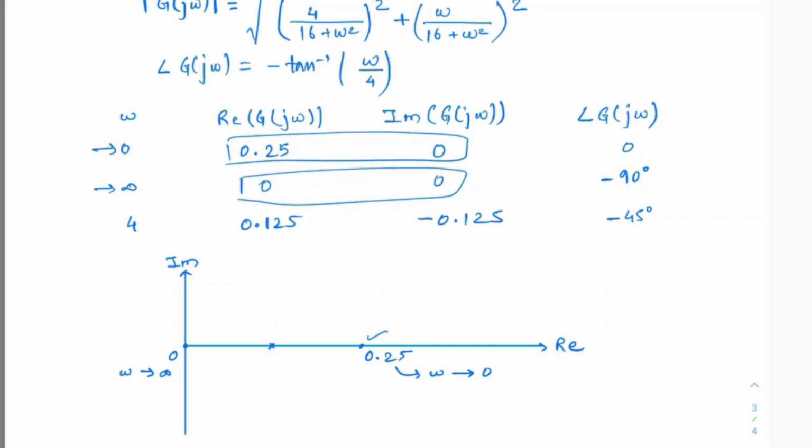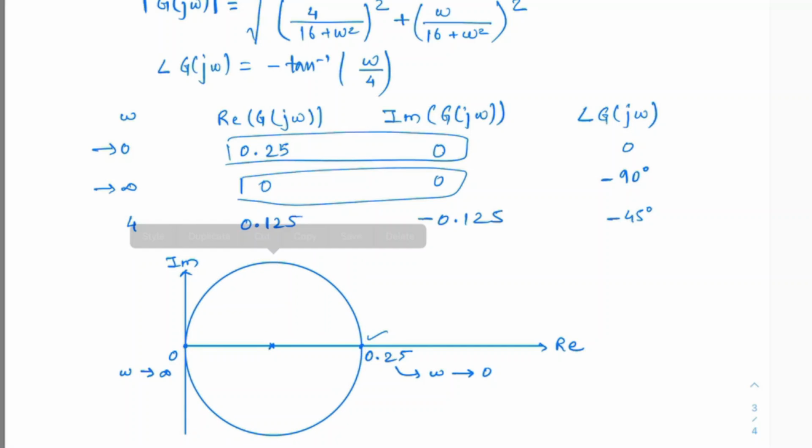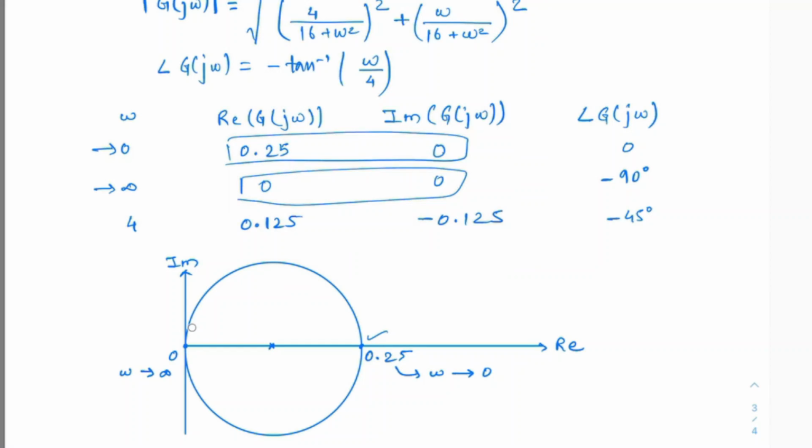So we can draw a semicircle here, coming like this. So why is it on the negative side?